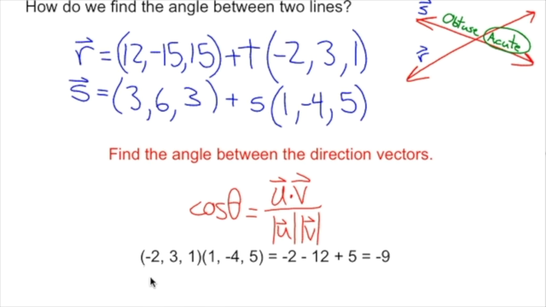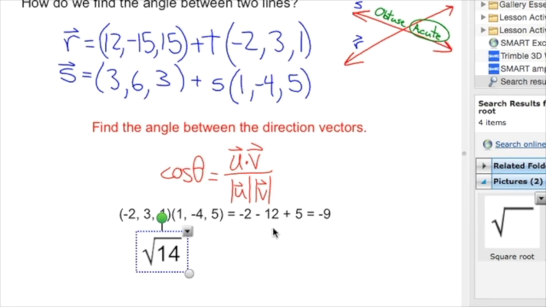Okay. Then we have to find the magnitude of u. So this is the square root of 4 plus 9 plus 1. So that's the square root of 14. So that is the magnitude of u. The magnitude of v we'll find by taking the square root of 1 plus 16 plus 25. So 1 plus 16 is 17, plus 25 is going to be 42.